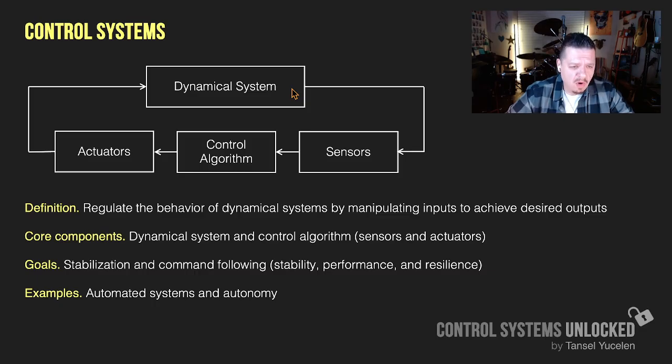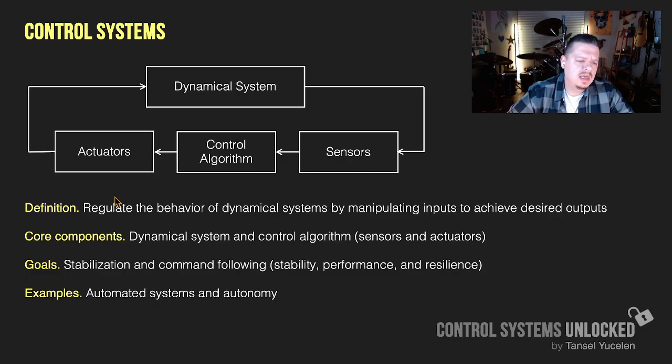So for this, basically, the definition of a control system is we are measuring outputs of this dynamical system and we are applying some inputs based on the collected outputs.